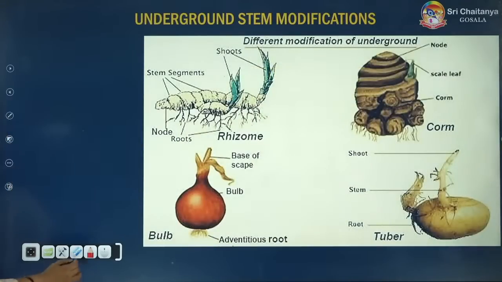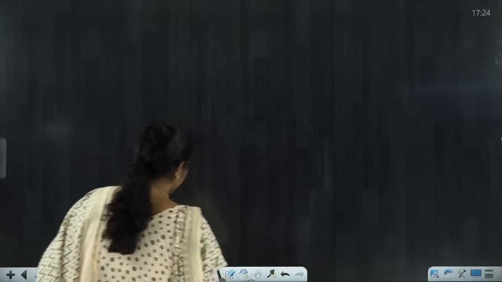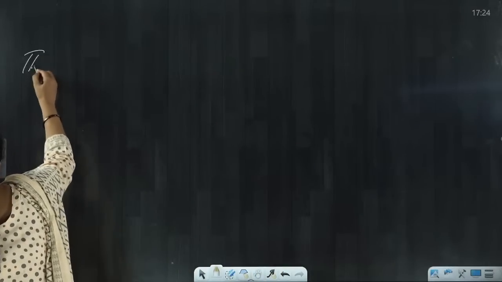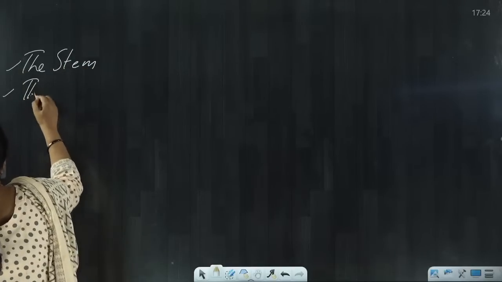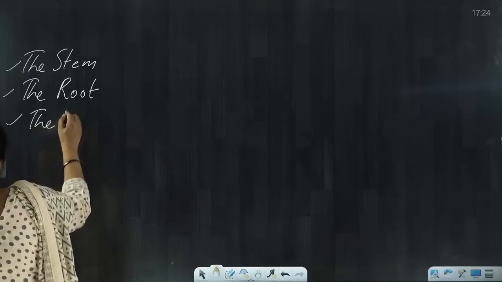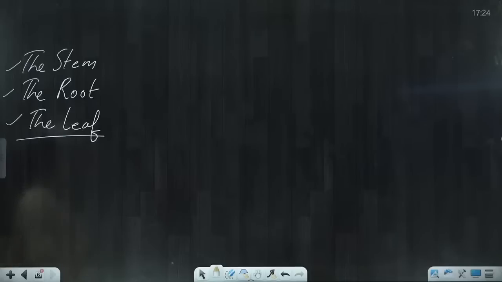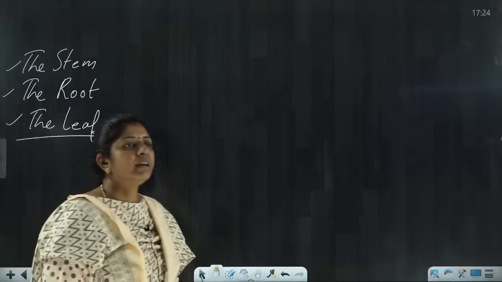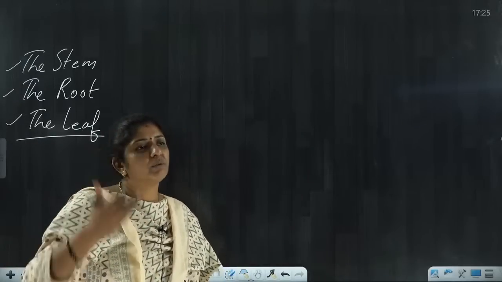So this is all about what we discussed regarding the vegetative part. First we discussed the stem, then we discussed what thing? Root. Now we are going to discuss the leaf. Are you getting that? Pneumatophores are respiratory roots, clear? Which are coming above the ground, clear?